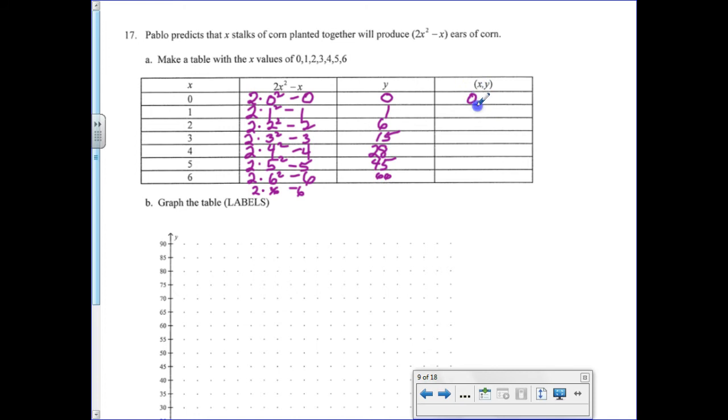So here are your ordered pairs: (0, 0), (1, 1), (2, 6), (3, 15), (4, 28), (5, 45), and finally (6, 66). Notice, since these are ordered pairs, you need to put parentheses around them to indicate that these are coordinates on the grid.